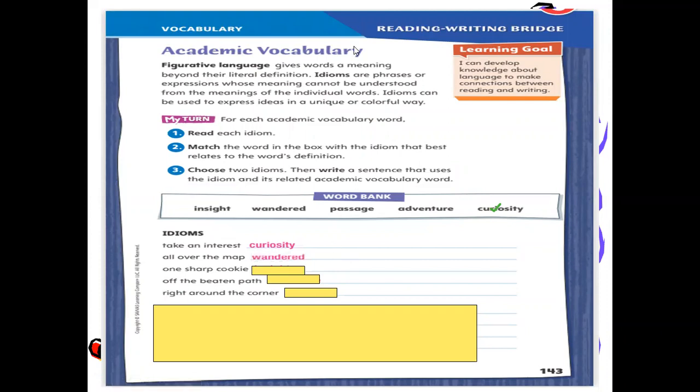Great. Now let's go for the third one. One sharp cookie. What is it? One sharp cookie is insight. Very good. It's insight.